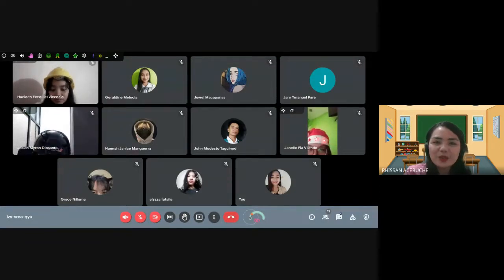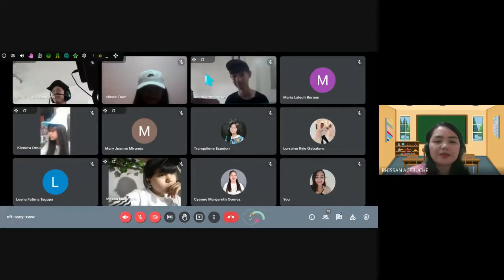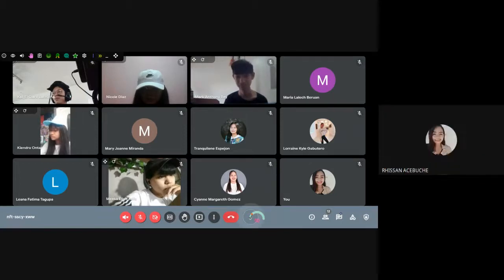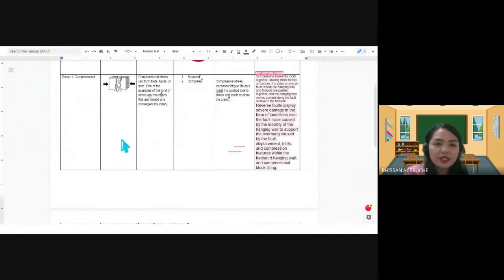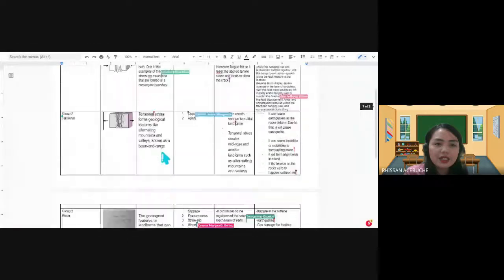Let's now check group number 3. They are seriously working on their activity sheets. Let's check your final output since you only have 5 minutes more. I hope you are almost done with your final output. Okay, very good. You already put your sketches here.